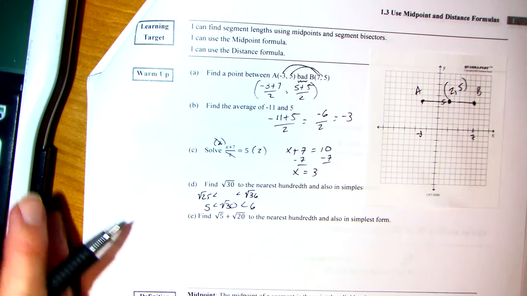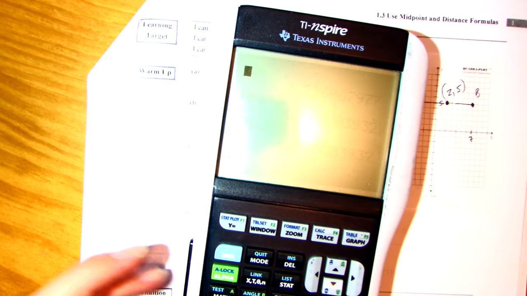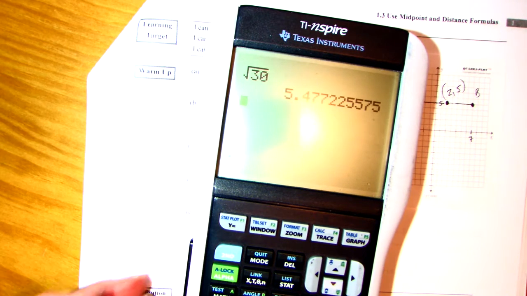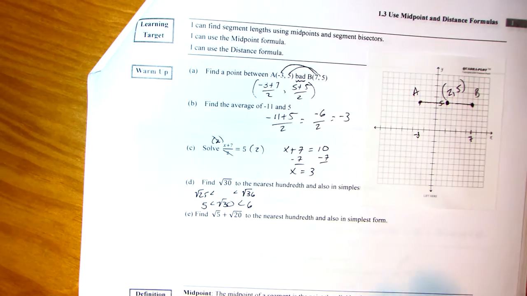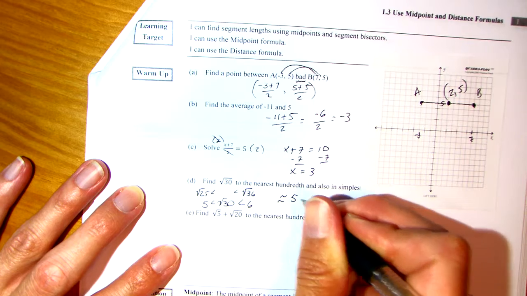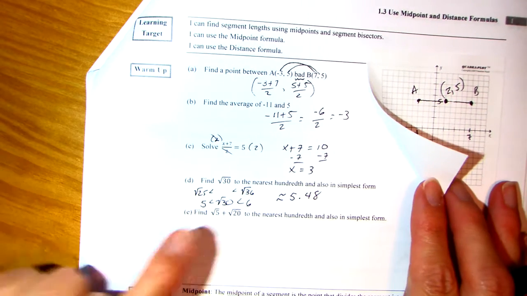But if you look at your calculator, square root of 30, enter, is 5.477. You want the nearest hundredth, 5.48.